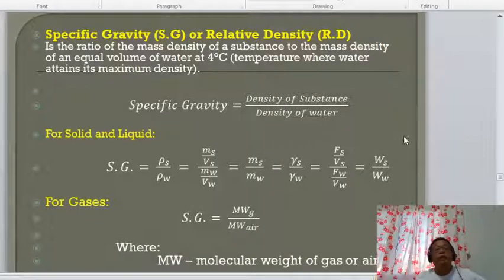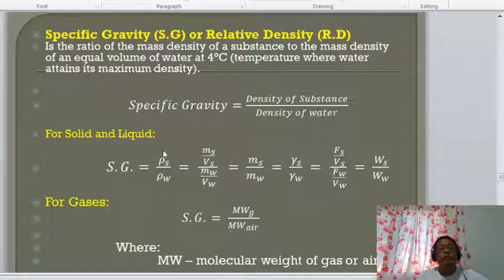Another, we have the specific gravity, or relative density. Take note that for liquids, specific gravity is based on the standard liquid, which is of course water. So that is the density of the substance over the density of water, for solids and liquids.